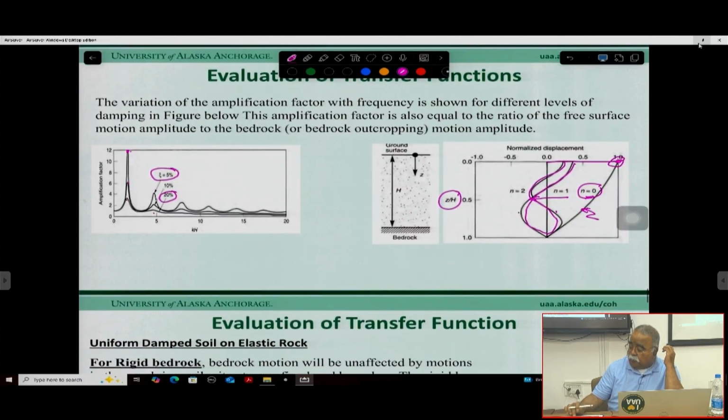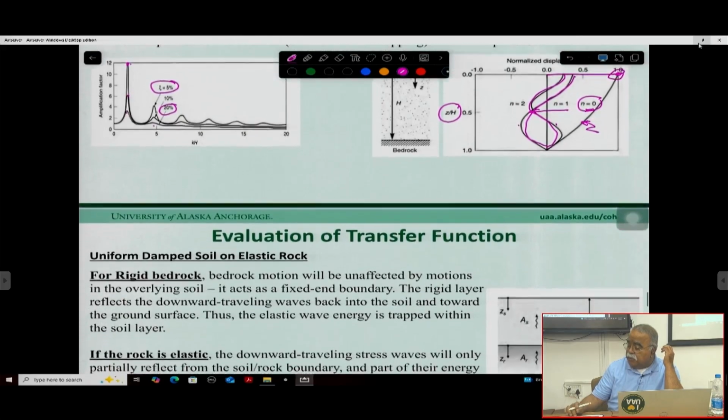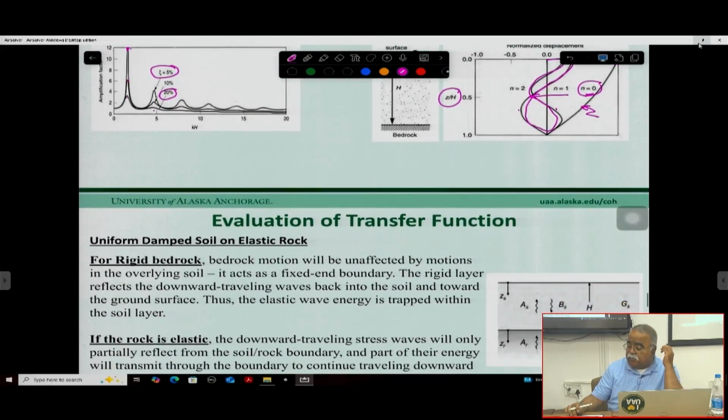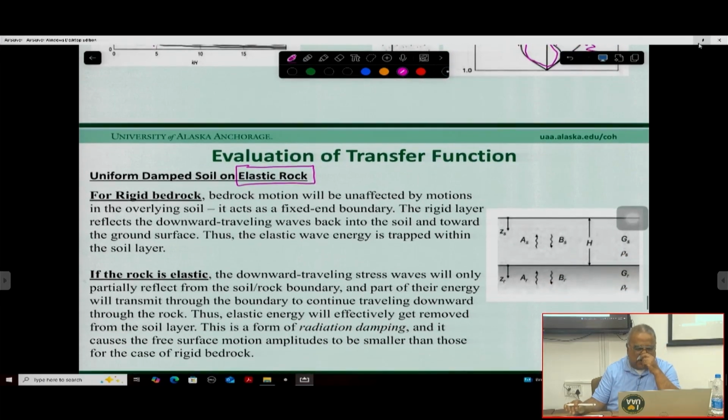Now let us assume that a uniform damped soil is present on an elastic rock, which is most appropriate in nature, because the rock is also an elastic material.